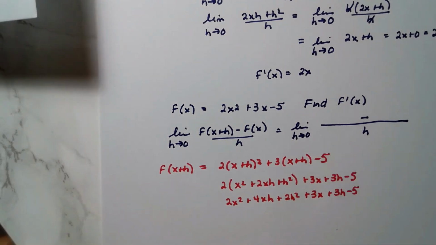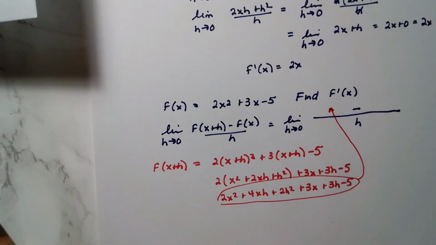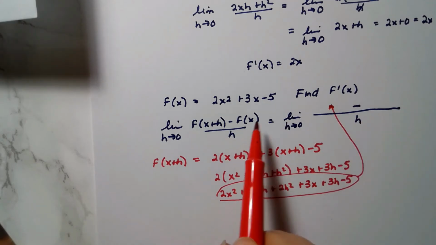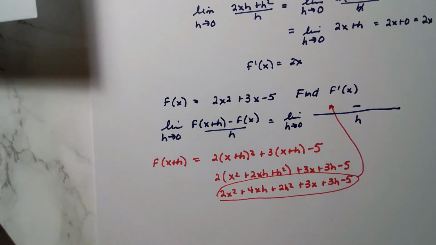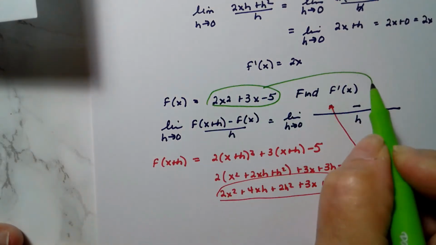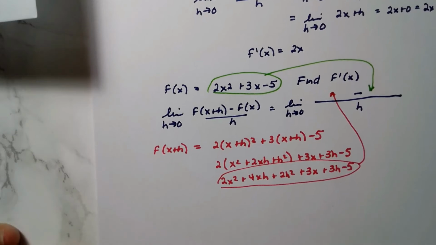So, this whole giant thing, I'm going to rewrite because I don't have enough room, it's going to go on the left-hand side. On the right-hand side, what goes in? F of x. What's f of x? F of x is the function itself. So this is going to go on the right-hand side of the minus sign.